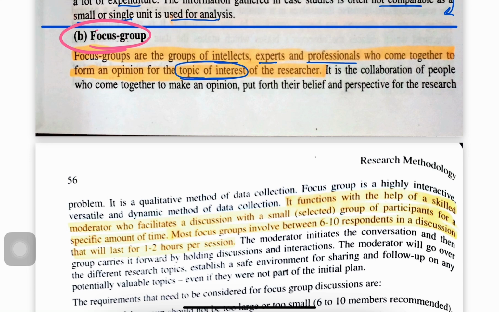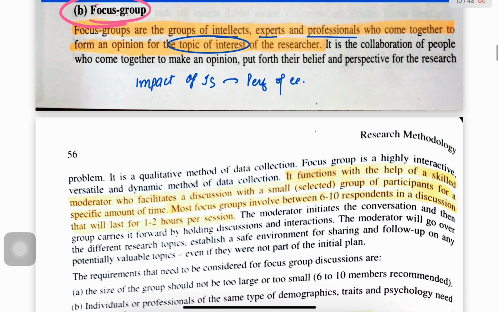The topic of interest for us, as we took as an example, was the impact of job satisfaction on the performance of the employees, right? It is a collaboration of people who come together to make an opinion and put forth their belief and perspective on the research problem.